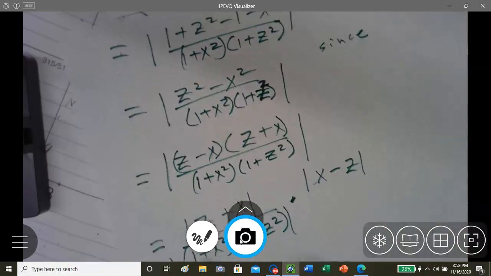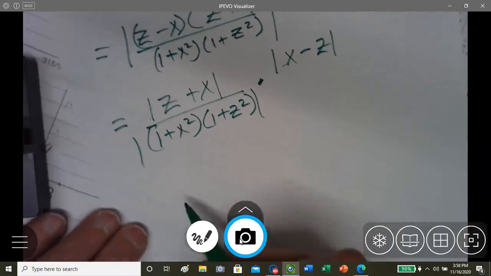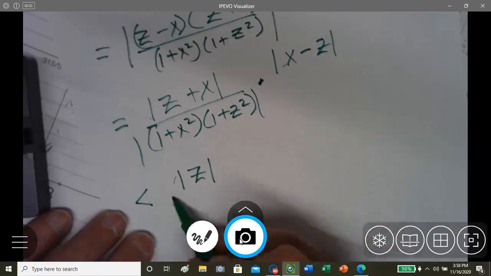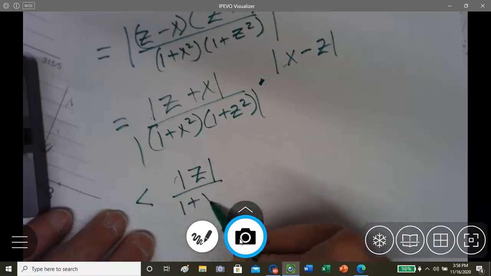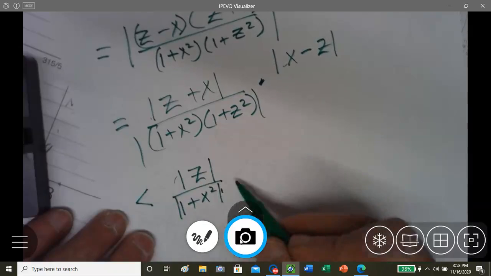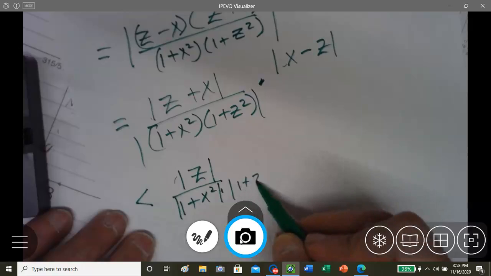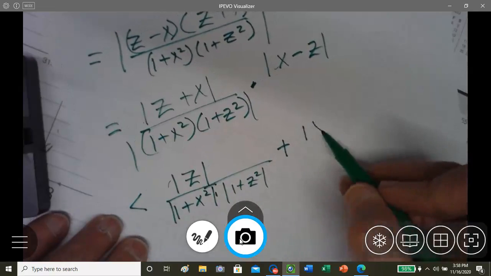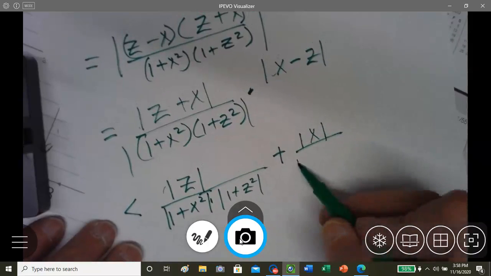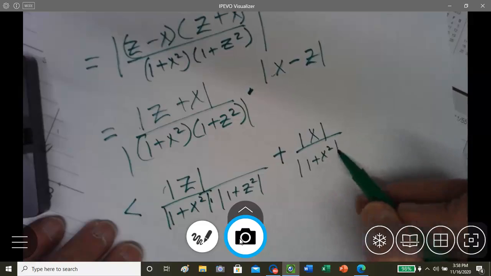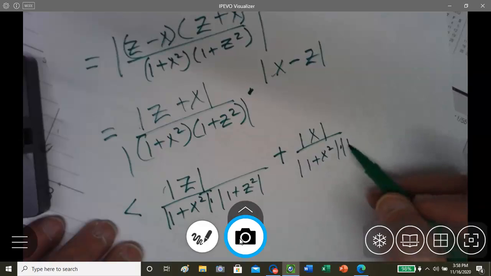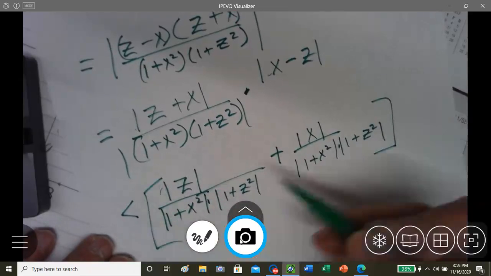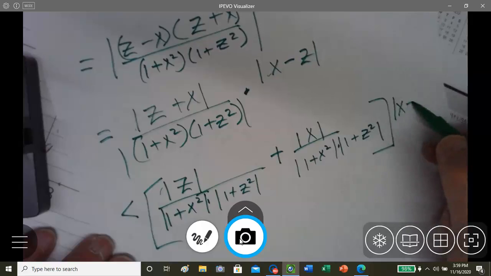And so from the triangle inequality, we can say that this is less than the absolute value of z over 1 plus x squared times 1 plus z squared, plus the absolute value of x over 1 plus x squared times the absolute value of 1 plus z squared, and all of that is multiplied times the absolute value of x minus z.